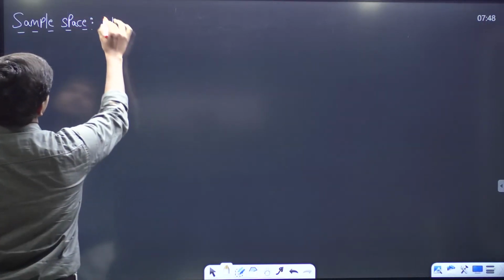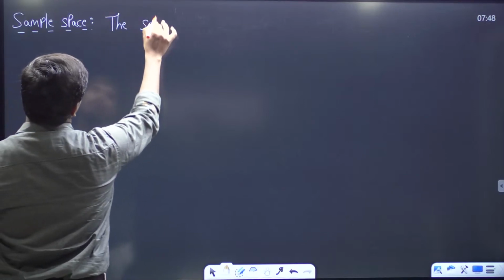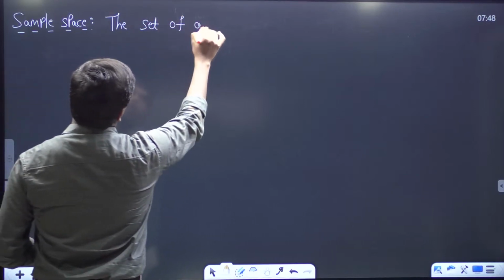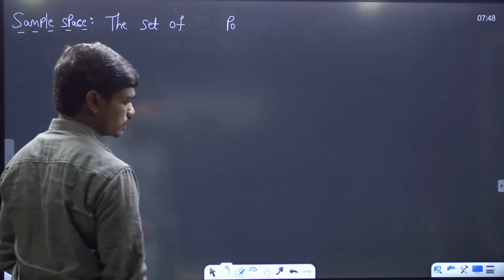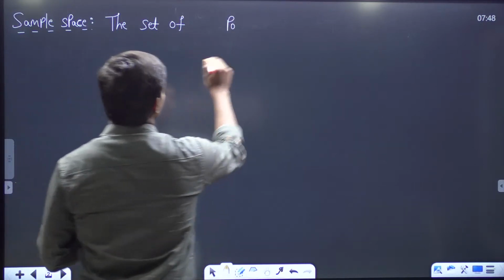So sample space is the set of all possible outcomes. Just a second, guys.